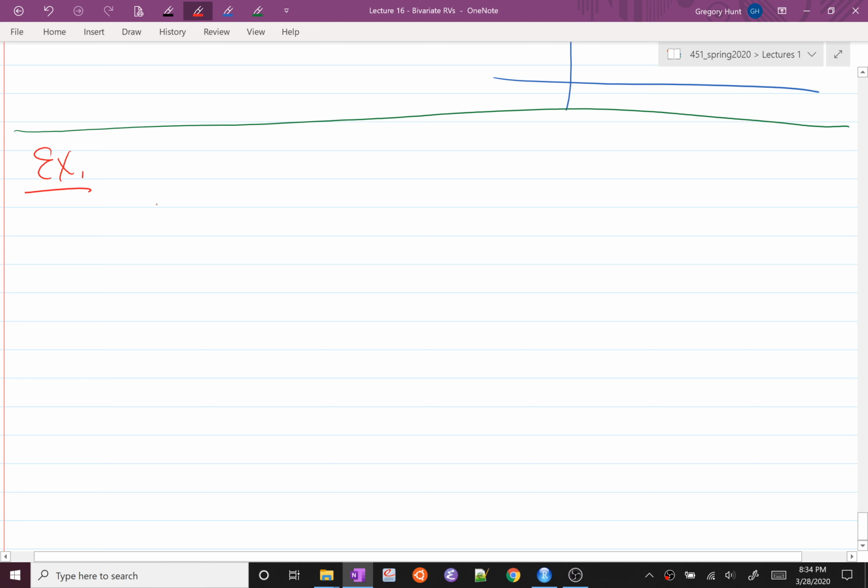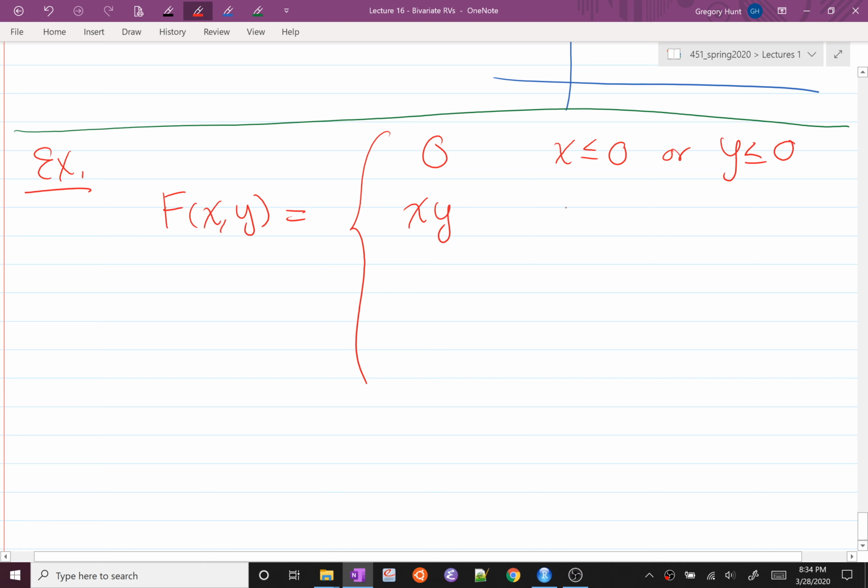So here I'm going to give a CDF. This is a joint CDF for a continuous random variable, and I'm going to write it like this. It's 0 if x is less than or equal to 0, or y is less than 0. It's the product xy if x and y are both in the unit interval, so both x and y are in 0 to 1.